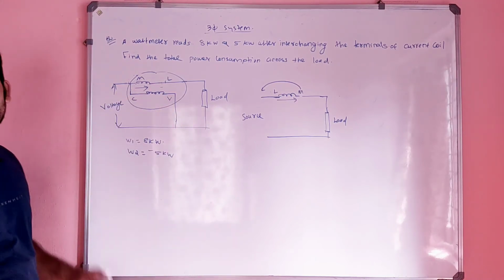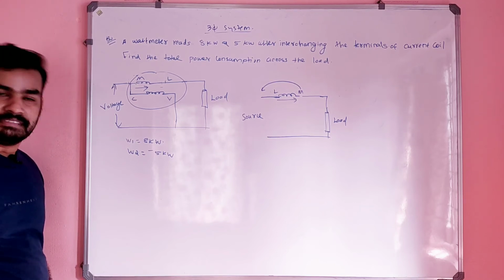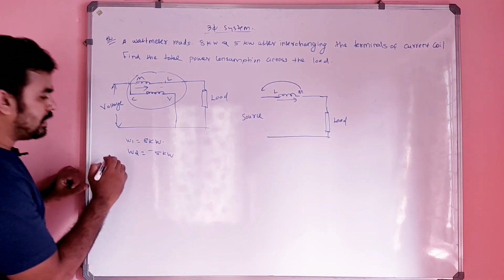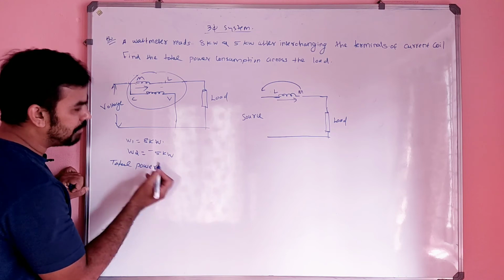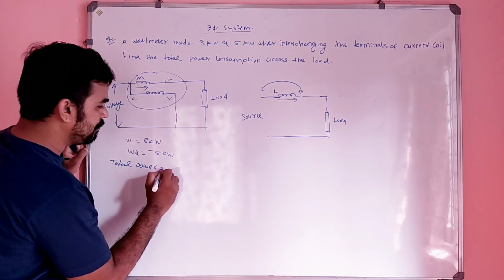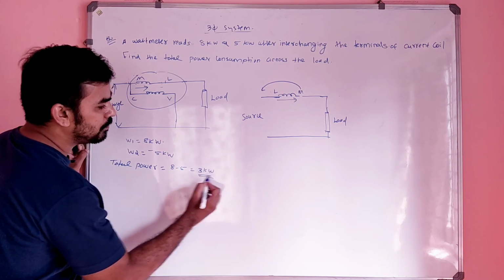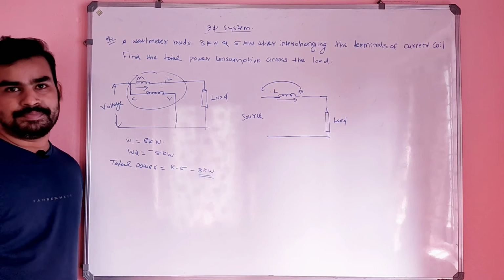So in the second case, the power will be negative because we interchanged the terminals, so the current direction is changed here. Is it clear? That means the total power in both cases will be 8 minus 5, which is nothing but 3 kilowatt. That means the effective power during that experiment.